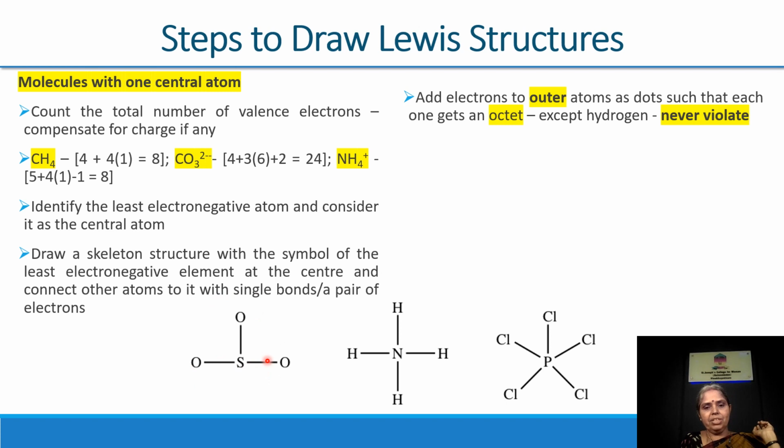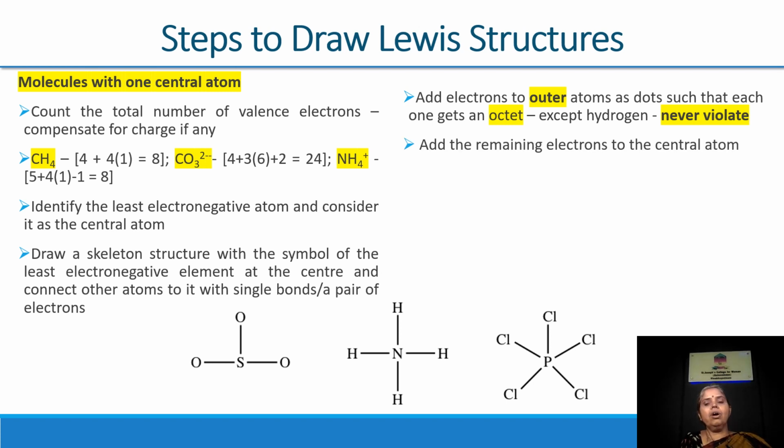After connecting with a single bond, you distribute electrons first to the outer atoms, that is oxygens, hydrogens, chlorines, in such a manner that each one of the outer atoms gets an octet excepting for hydrogen, which will get only a pair. So connect with single bonds, then give 8 electrons to each of the outer atoms.